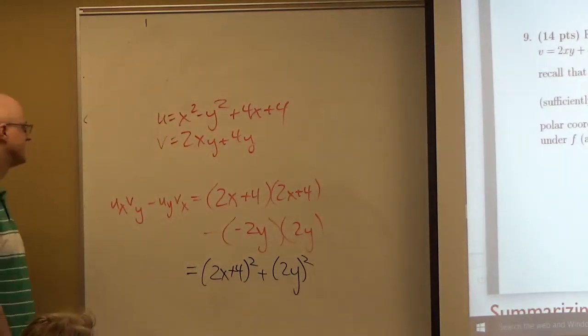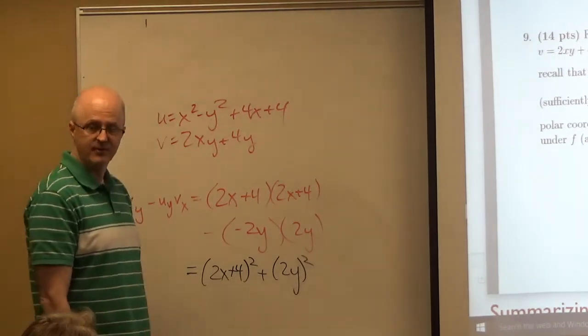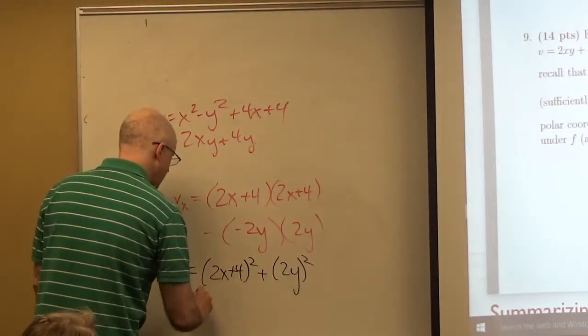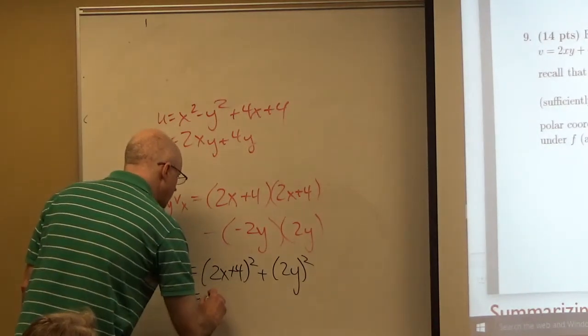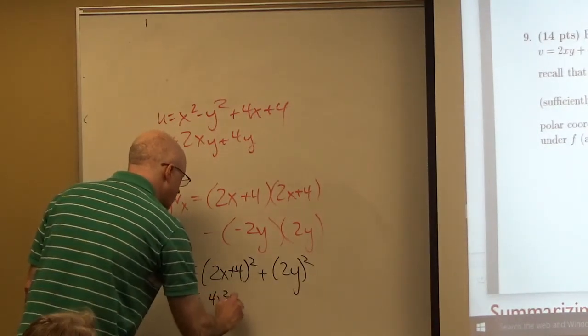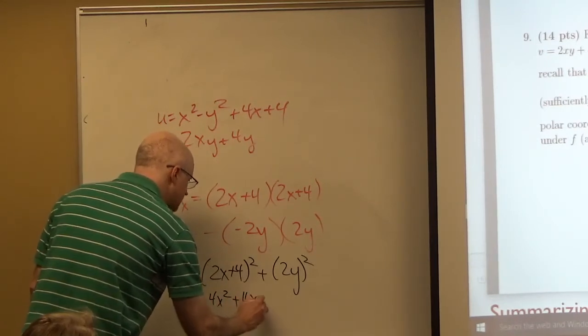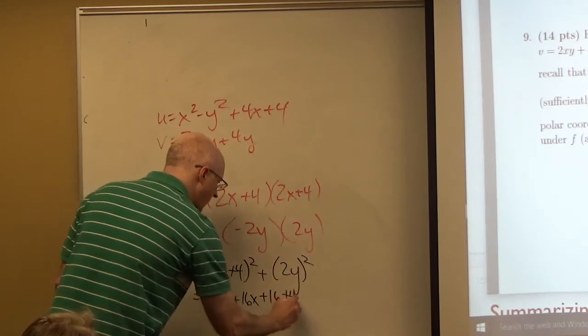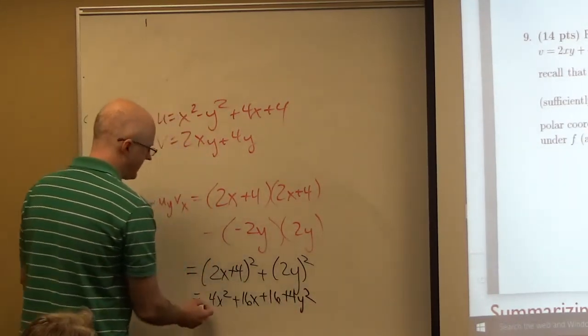Can't be negative, so its absolute value is itself. If you expand this out, you get 4x squared plus 16x plus 16 plus 4y squared. And that would be the thing you'd integrate.